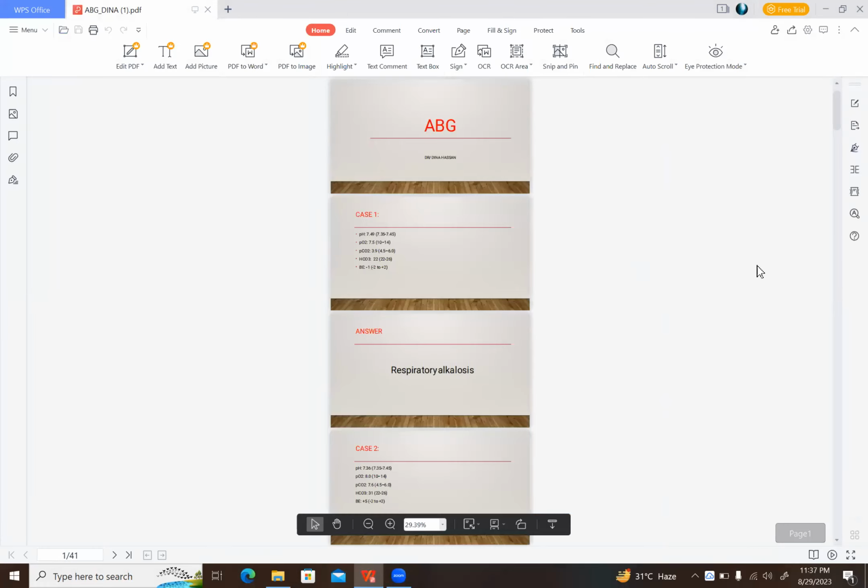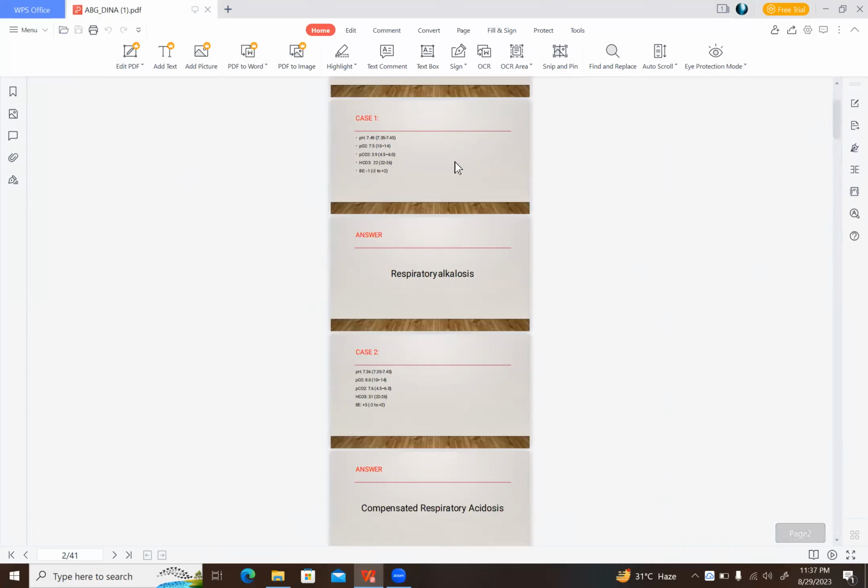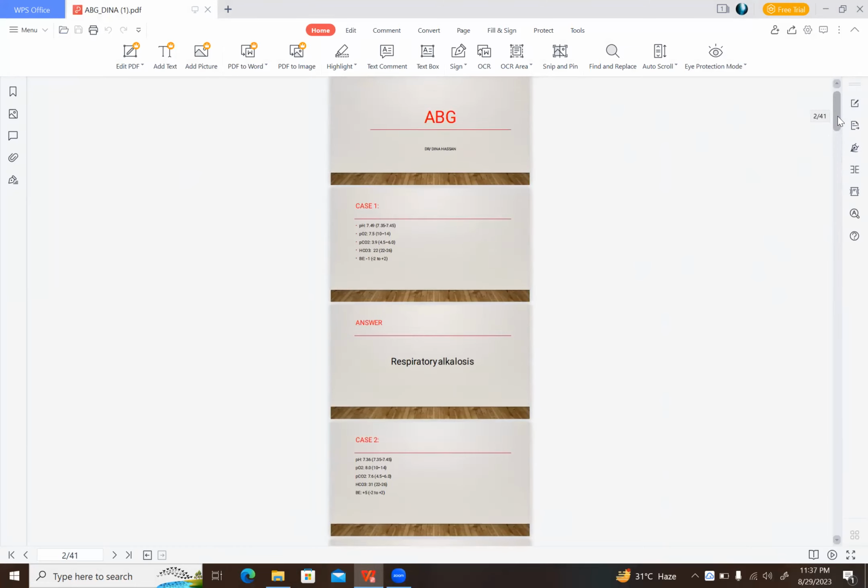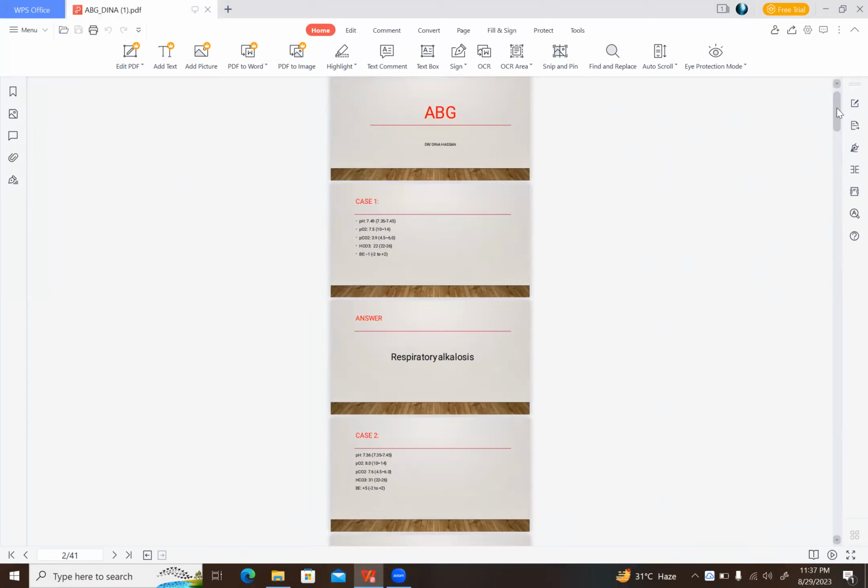Let's do a few little more examples. Is the screen visible? How to get this figure?